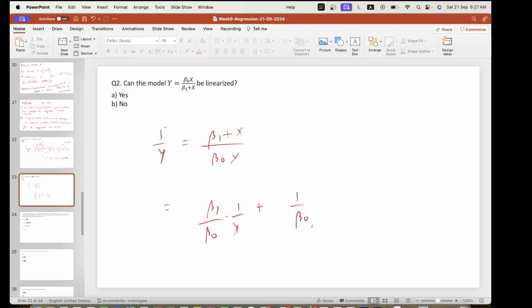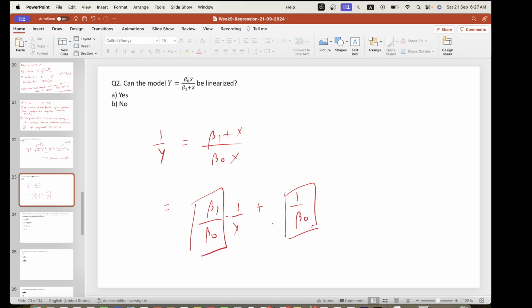If we regress 1 by y on 1 by x, then we can easily recover estimates of 1 by beta naught and beta 1 by beta naught.